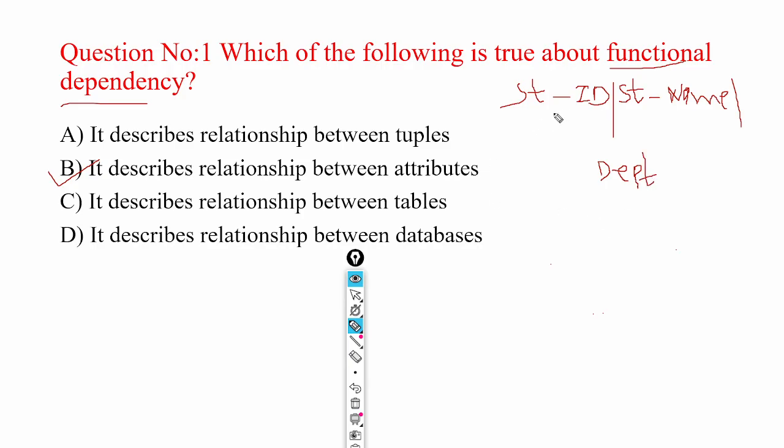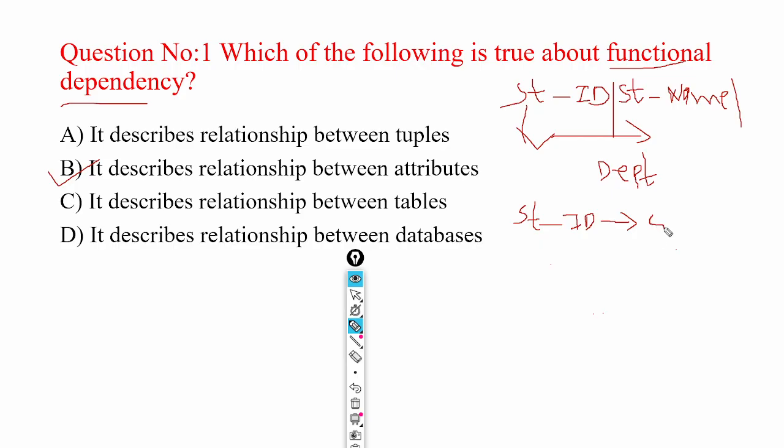If one student ID always determines exactly one student name, then we will write student ID determines student name. This arrow symbol we call as the determines. It is nothing but the dependency.